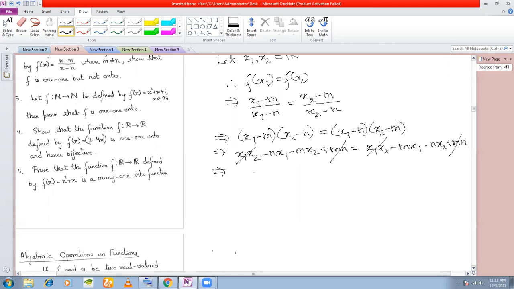Now you take x1 on one side, so you have got minus nx1 on the left hand side, and mx1 from the right hand side taken over. On the left hand side you have minus mx2, take it to the right hand side. Now if you see, you can take m minus n common here.